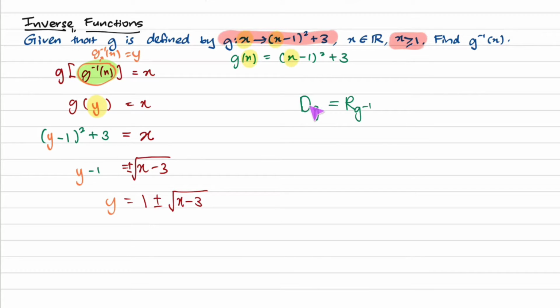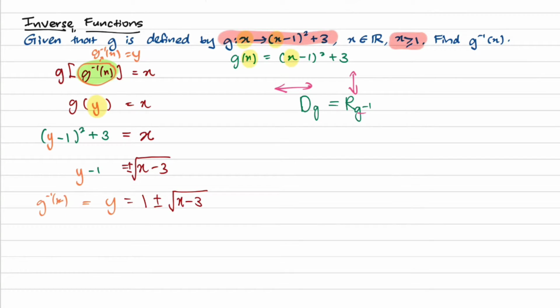Remember that domain refers to all possible values of x for function g. And range here means all possible values of y of function g inverse. And we know that y here refers to g inverse.